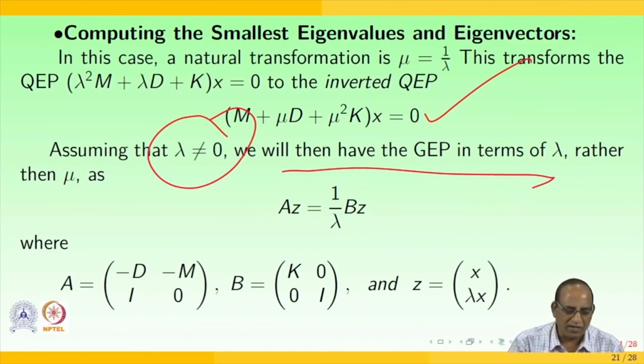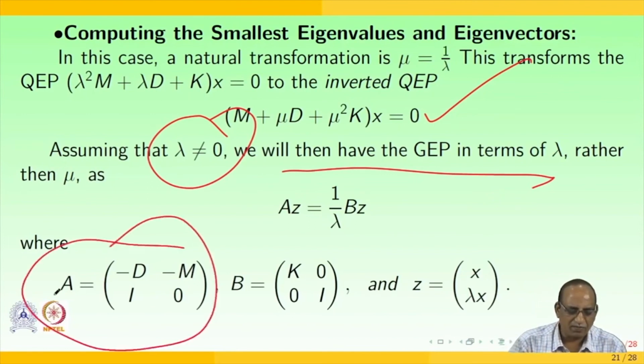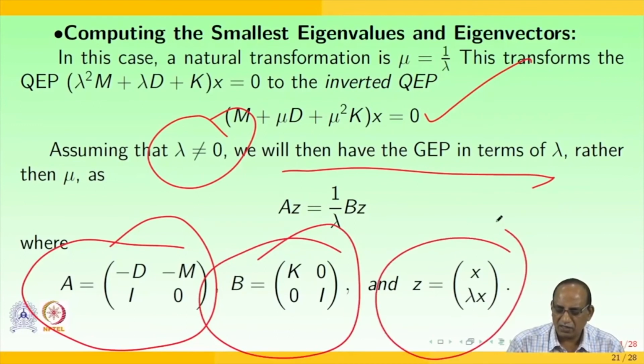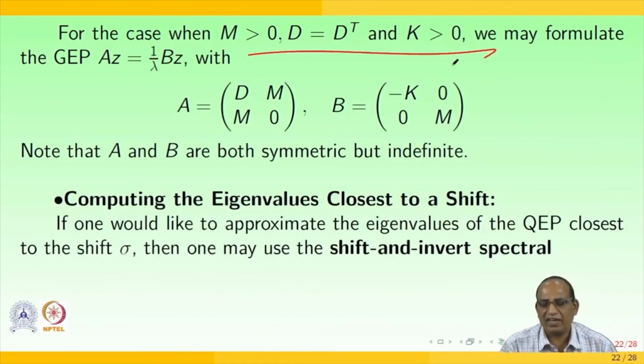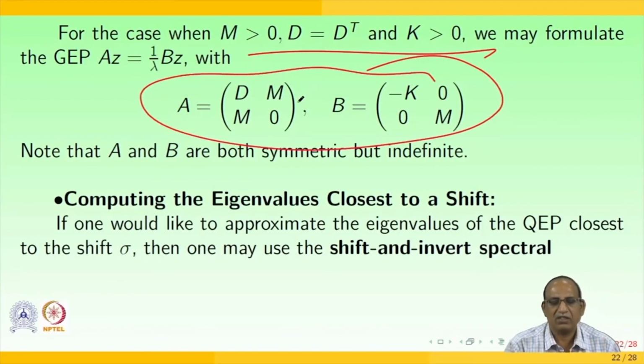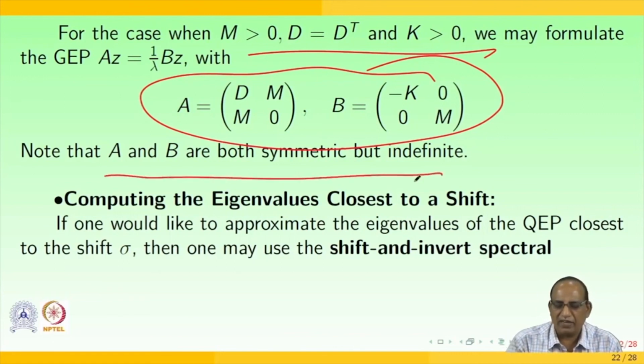So you will have the matrices A equal to minus D, minus M, I, 0, B equal to K, 0, 0, I, and z equal to x and lambda x. For the case when M greater than 0 and K greater than 0, we may have matrices like this, that is, A equal to D M, M 0, B equal to minus K 0, 0 M. Note that A and B are both symmetric but indefinite matrices.